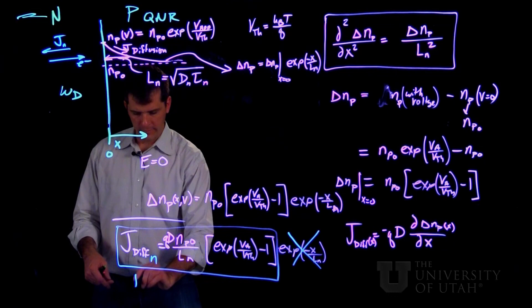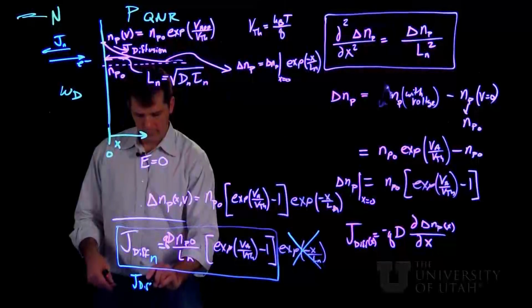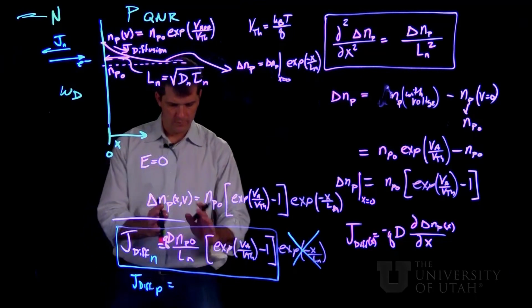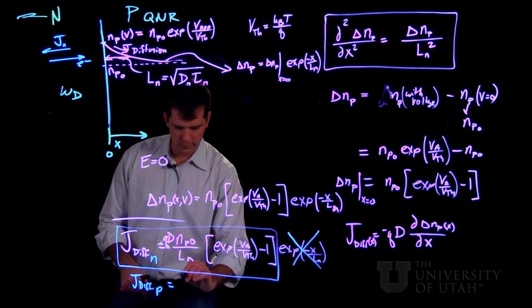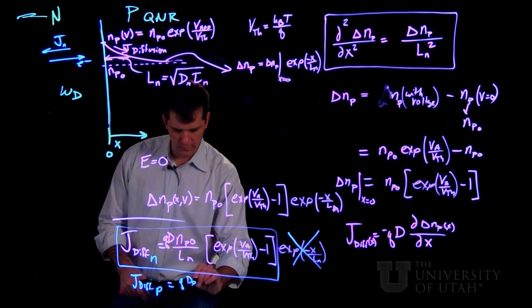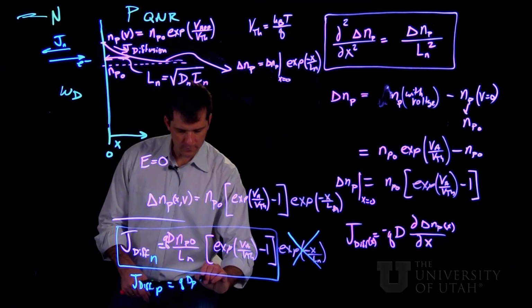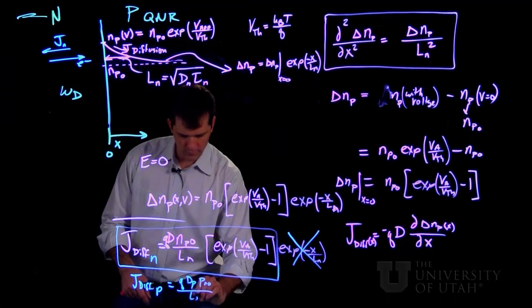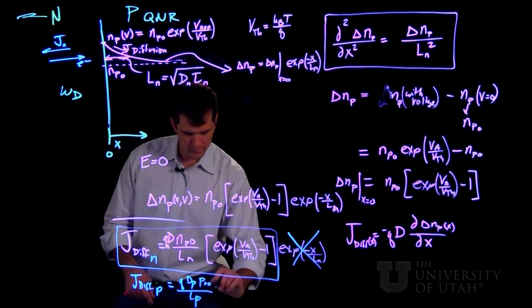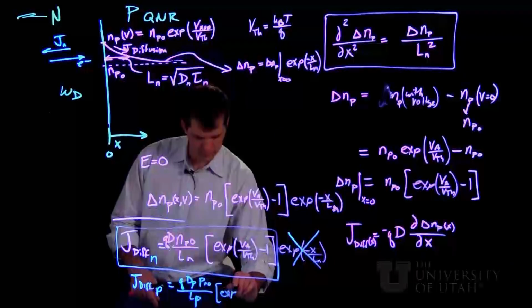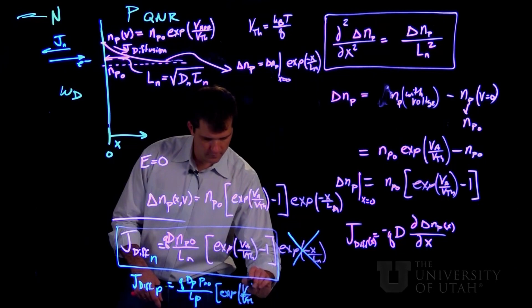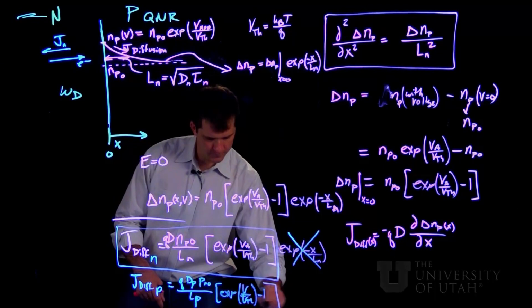We get a similar expression for the holes, and we just replace all these numbers with their corresponding values. So this is going to be Q Dp p n naught over Lp times exponential, same thing, voltage over V thermal minus 1.